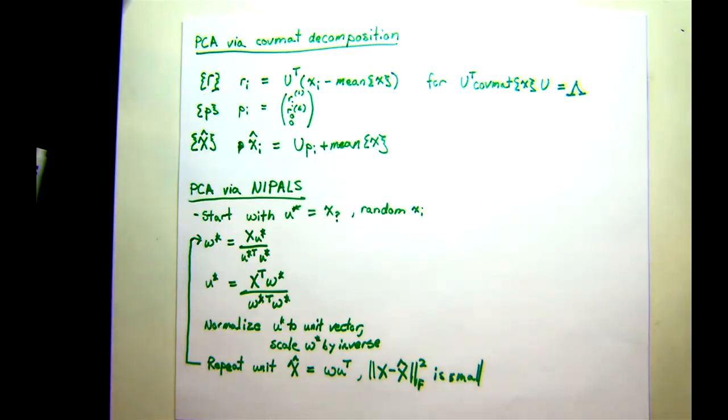The first one is just decomposing the covariance matrix using a pretty standard eigenvector decomposition. The downside of this method is that the covariance matrix can be very expensive to compute and can have very low accuracy, because you need a certain number of data points in each dimension.